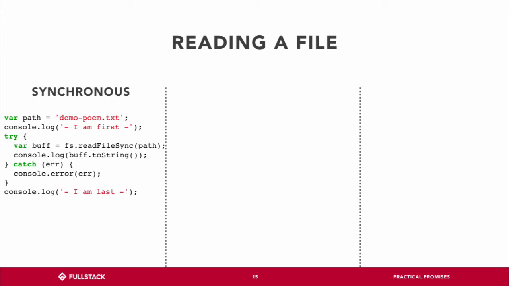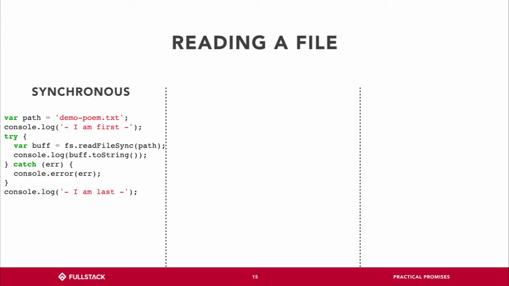It's not something that you really want to do. I think in most cases this would not be a very good practice, but in this case what we're going to get back is a buffer, and you could even specify that you're reading a UTF-8 file, and in that case you would be able to just do console.log buff instead of console.log buff toString.